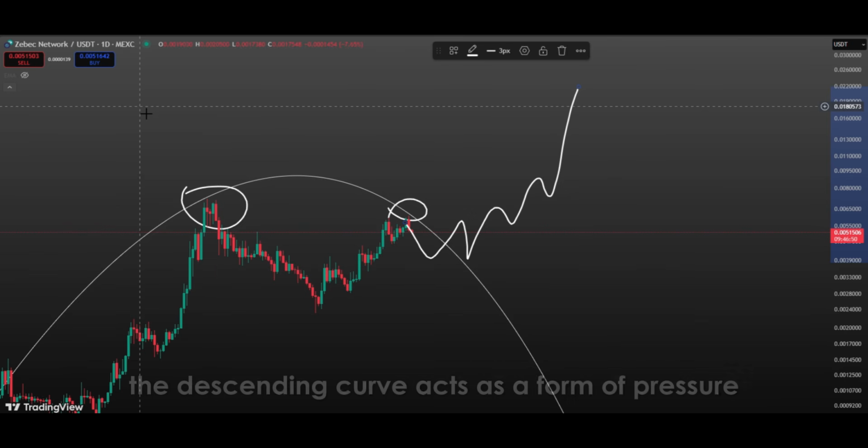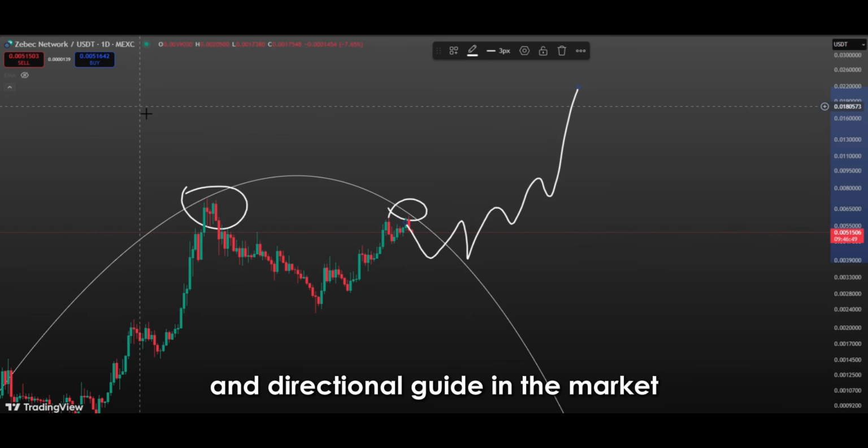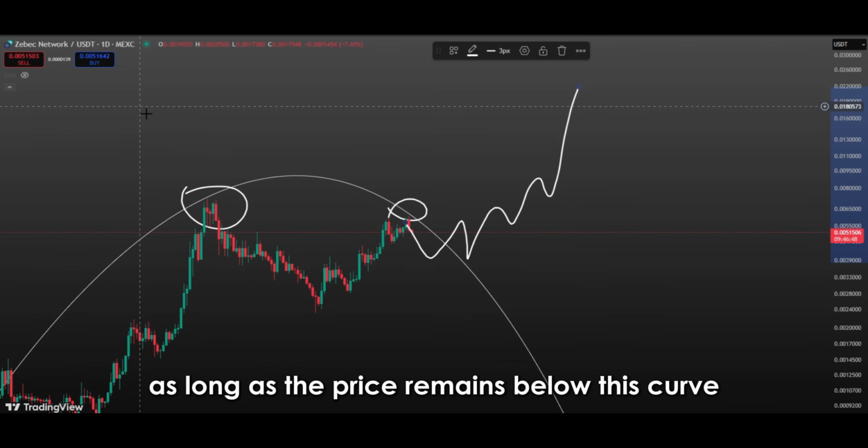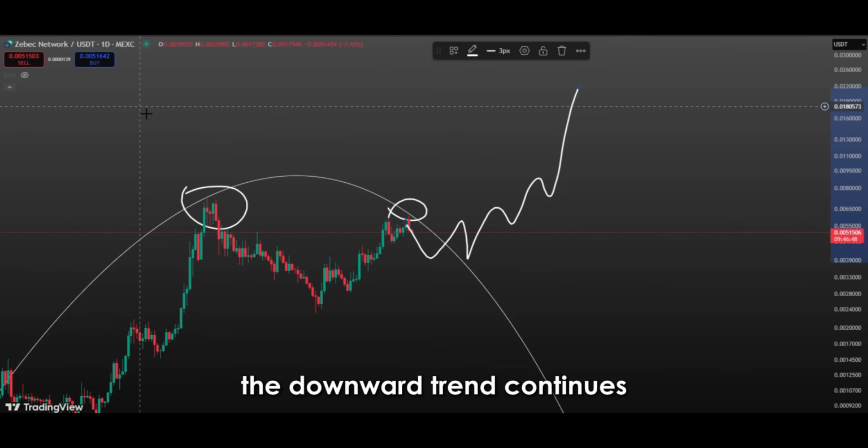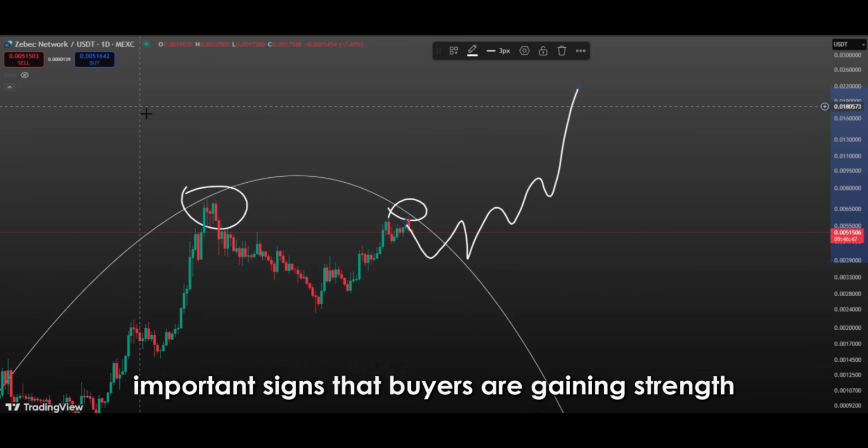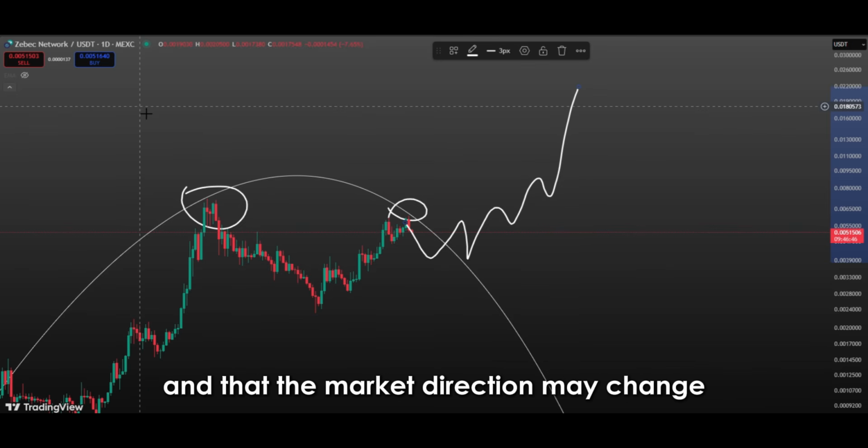In summary, the descending curve acts as a form of pressure and directional guide in the market. As long as the price remains below this curve, the downward trend continues. However, if the price breaks this curve, it is usually one of the most important signs that buyers are gaining strength and that the market direction may change.